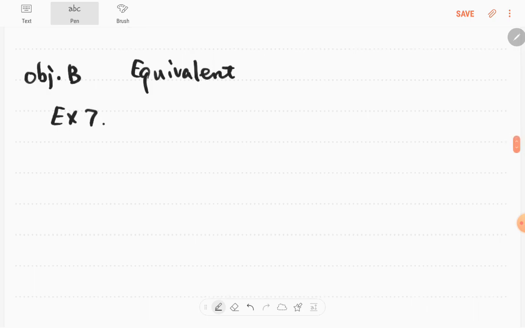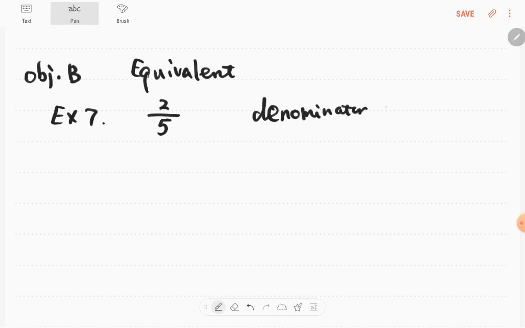We write the fraction 2 over 5 as an equivalent fraction with a denominator of 15. So we want to write 2 over 5 as an equivalent fraction, but with the denominator of 15.